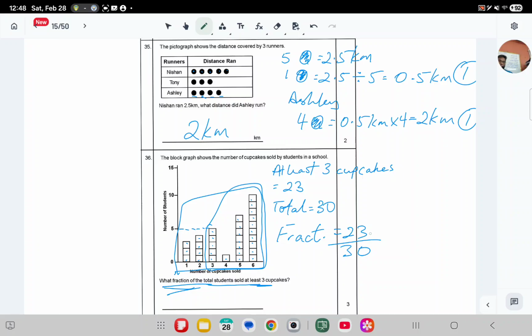Alright, very simple. Give away 3 marks here, so you get 1, 1, 1. Alright, and that's it for section 2. We'll continue again on another video with section 3.